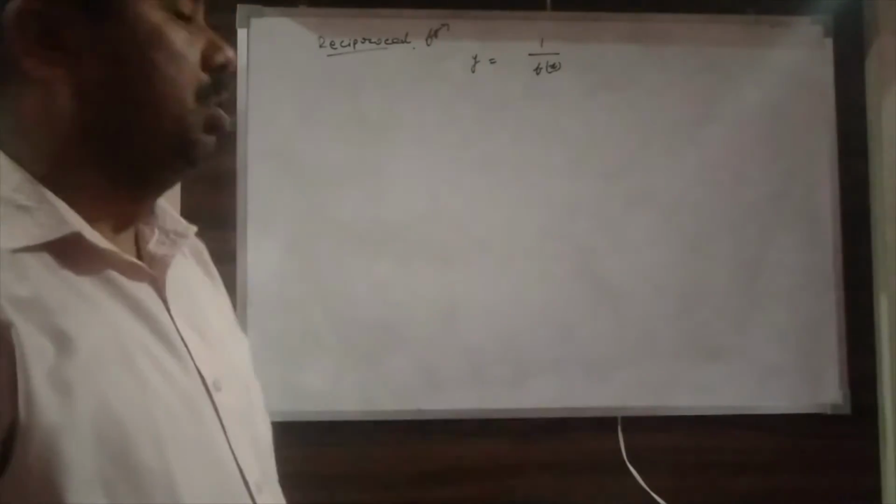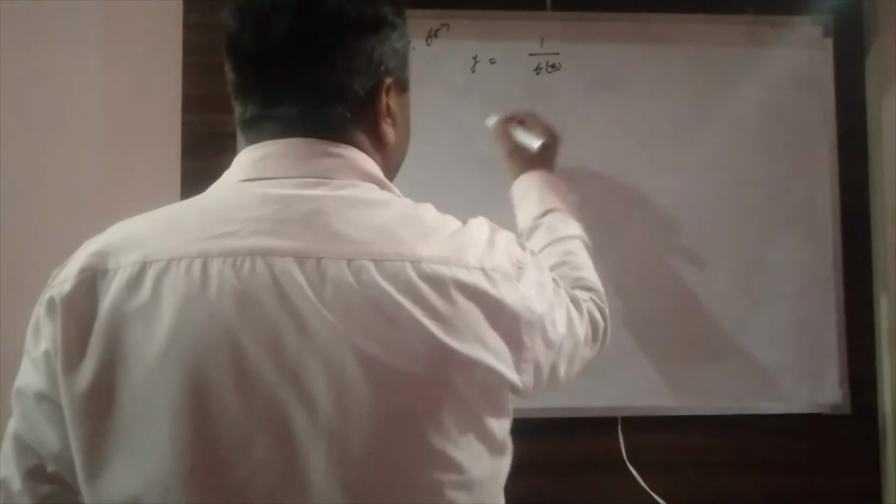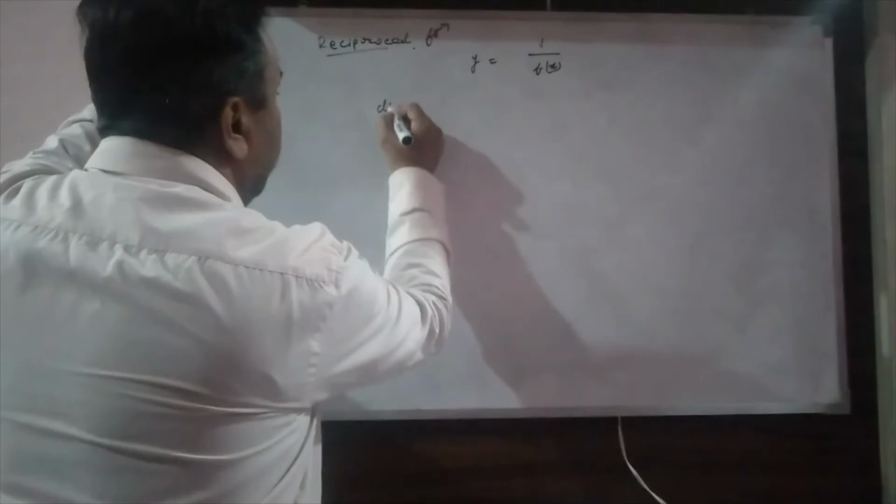Now how can we do this? Just see, 1 is a constant function. If I take the same quotient rule, so what will be dy by dx?